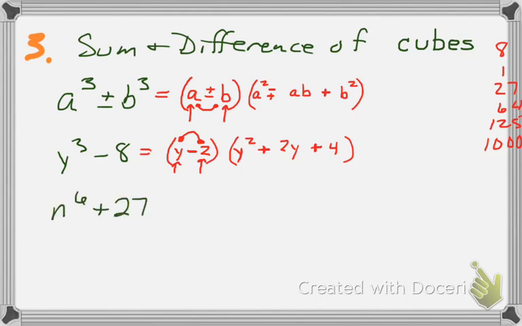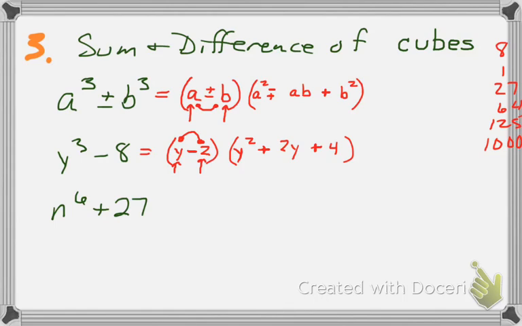Let's try again. N to the 6th plus 27. Those are both cubes because the exponent is a multiple of 3 and 27 is a cube because it's 3 cubed. First thing we do is take the cube root of each term.